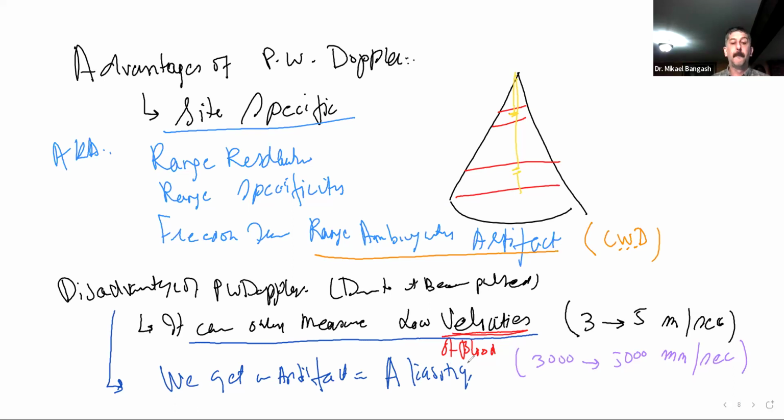Did you guys get that? So this is the main disadvantage of using a pulsed wave Doppler: it is only able to measure low velocities.